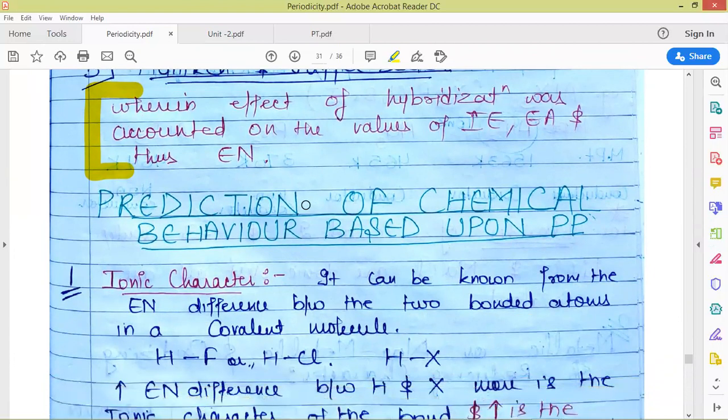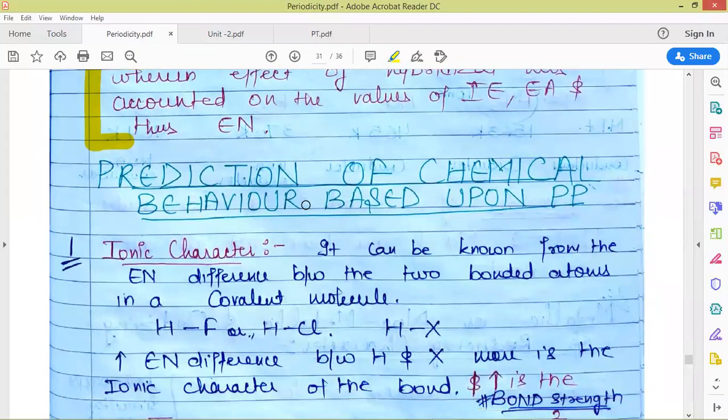Next, we'll be predicting the chemical behavior of different compounds based upon the periodic properties we have discussed. First thing which we are discussing is the ionic character. This has been directly related to the electronegativity which we have just discussed.